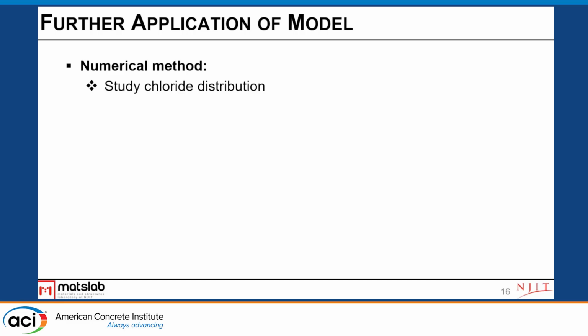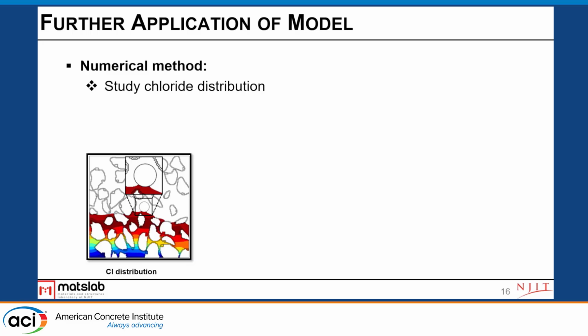What we wanted to do then is apply this model for durability and for corrosion. So we really wanted to look at chloride distribution and how aggregate shape and size impacted that. And so we are able to generate many of these random aggregate placements.